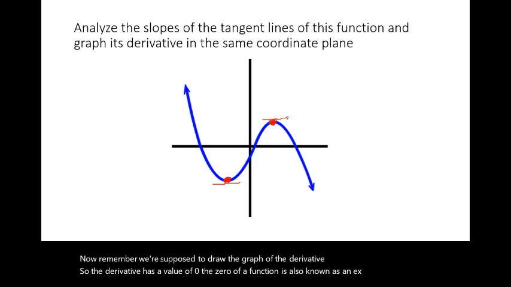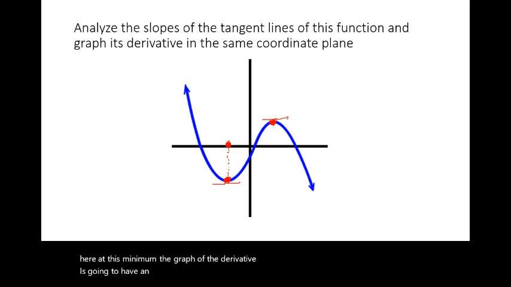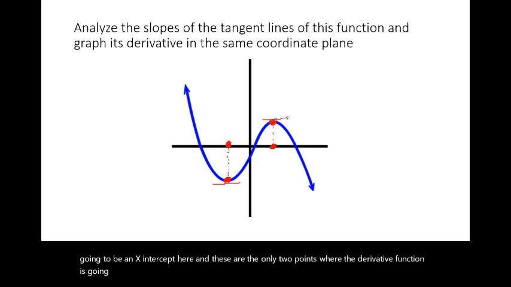So right here at this minimum, the graph of the derivative is going to have an x-intercept. And at this maximum, the graph of the derivative is going to have an x-intercept. So there's going to be an x-intercept here and here. And these are the only 2 points where the derivative function is going to touch or cross the x-axis.